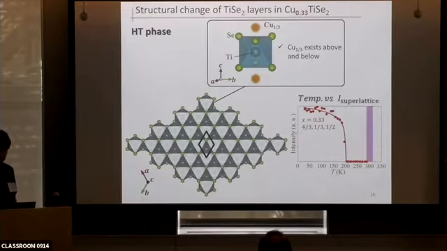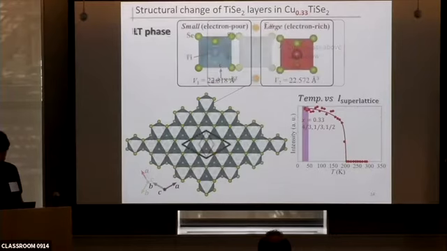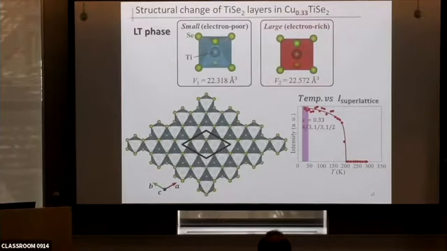Let's focus on the structure of the titanium selenide layers. In the high-temperature phase, there is only one kind of octahedron in the titanium selenide layers. By decreasing temperature, it separates into two kinds of octahedra. One is a small blue octahedron and another is a large red octahedron.